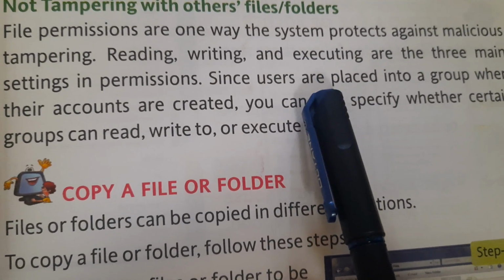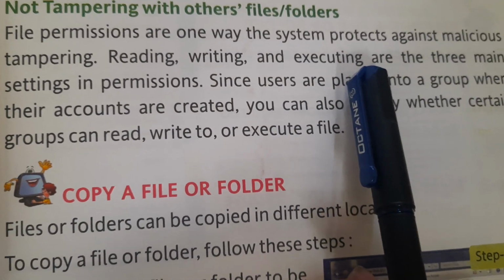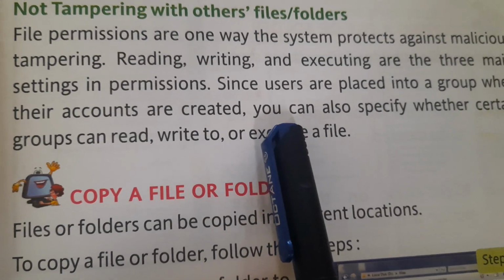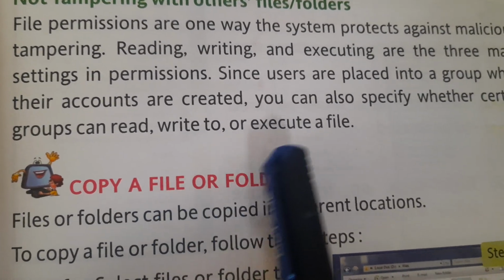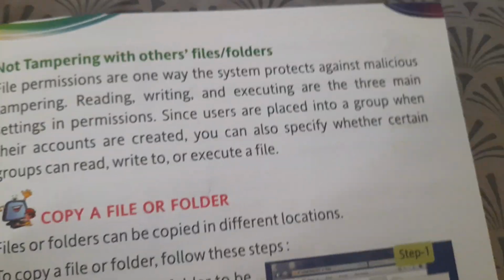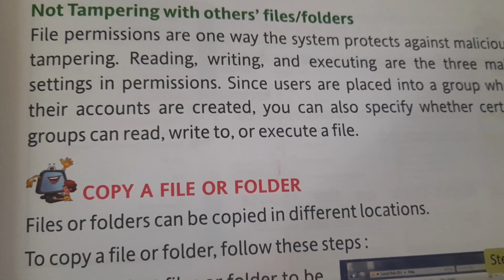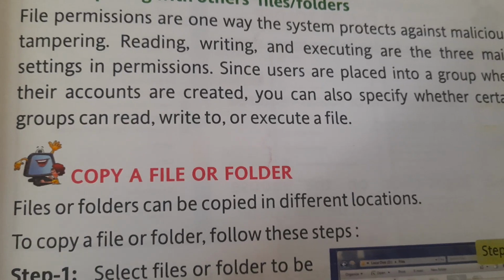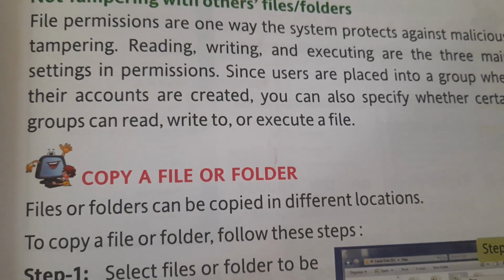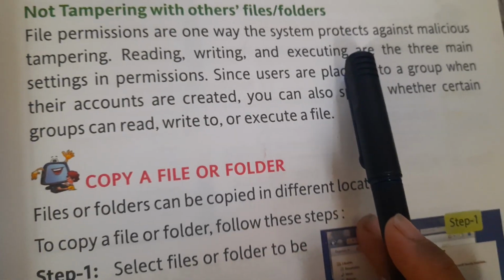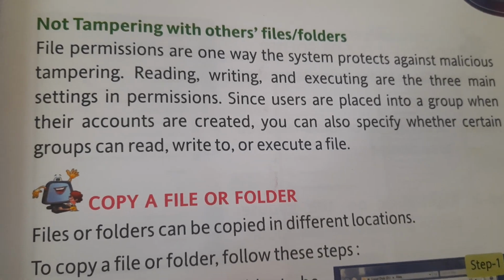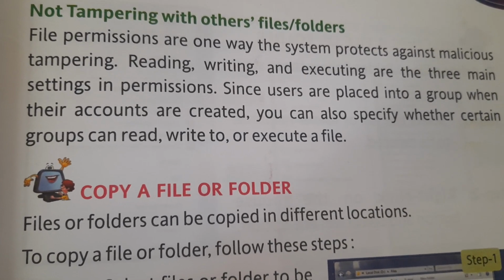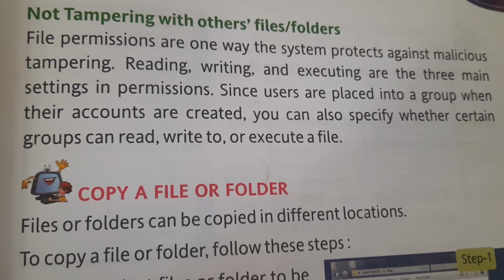There is an option of running or executing, and it means that it is making some changes in the system when you want to install some new application. Okay, like suppose if you want to install some browser, at that time you need to execute the file also. So we can allow whether we want a particular set of people to execute or we don't want them to.